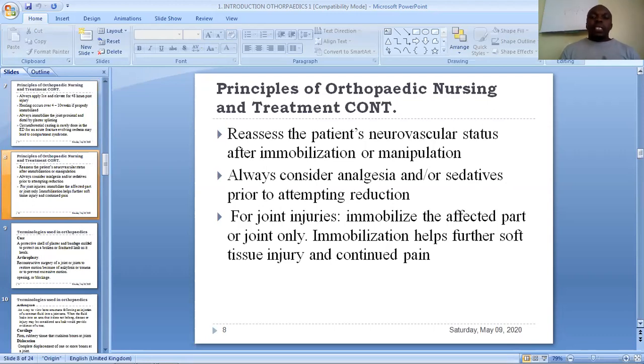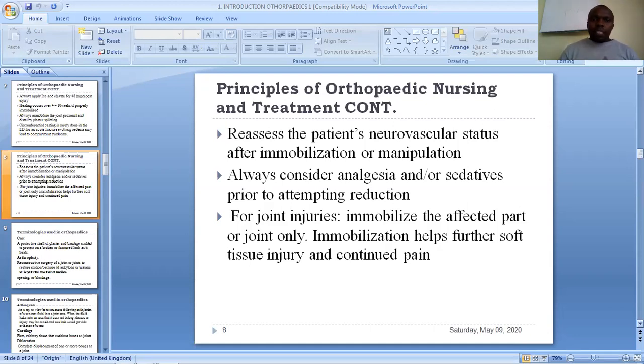This ensures that you don't block the blood supply to the part distal to an area where you have applied the cast. So after you apply the cast or the splint, ensure that blood is reaching the distal part from the point of application, because this might actually lead to ischemia if you don't observe that, and it will eventually lead to one condition called gangrene.